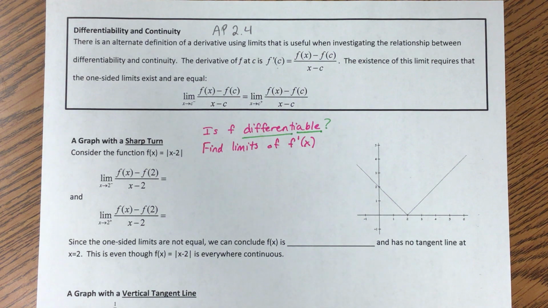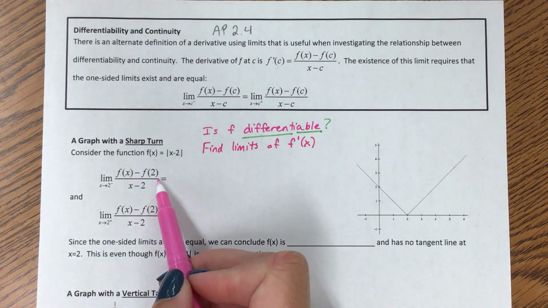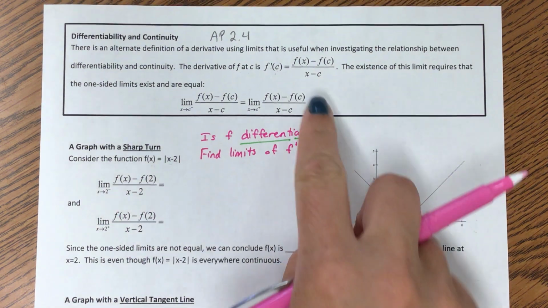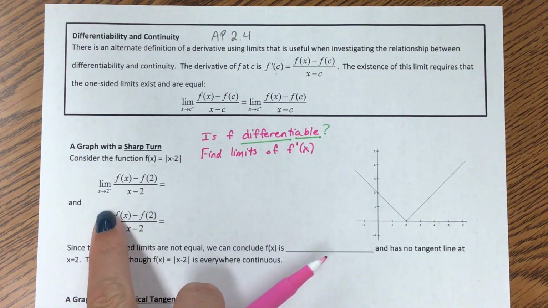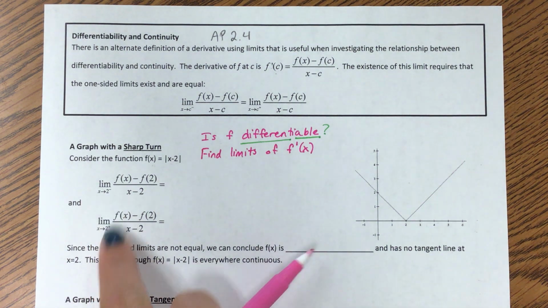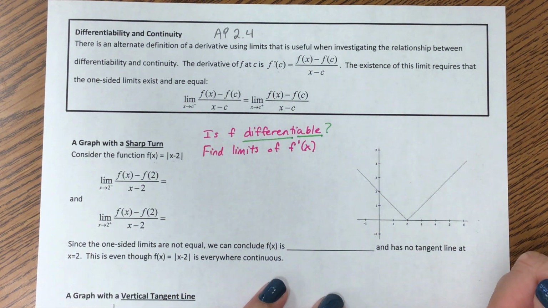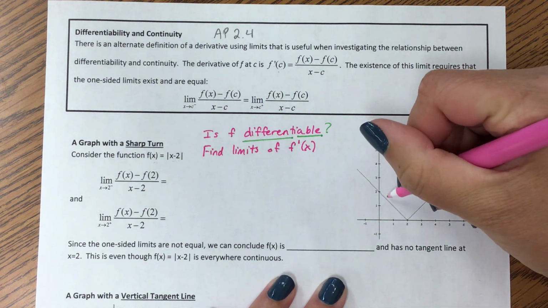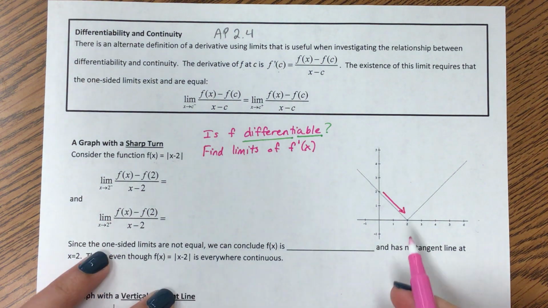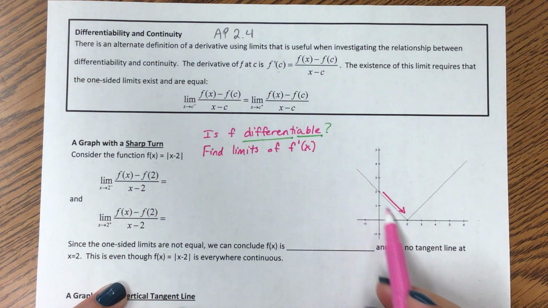Okay, so here we go. Here is f prime of x. Okay, just like we talked about up here, that's f prime of x, the limit as x approaches 2 from the left. So looking at our picture, we're approaching 2 from the left-hand side. What is the slope? Well, this is a straight line.